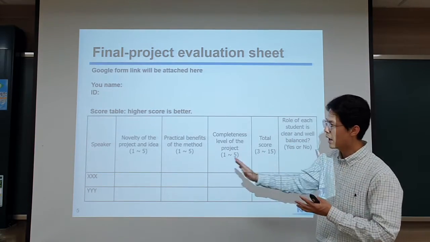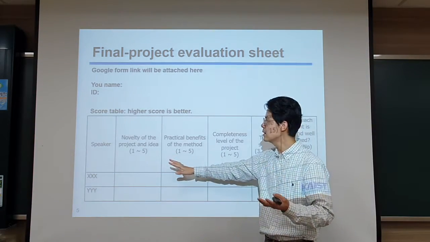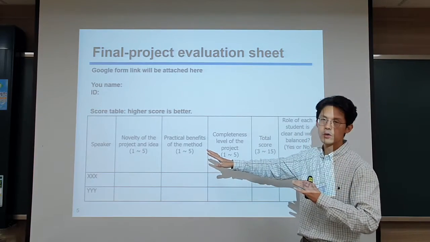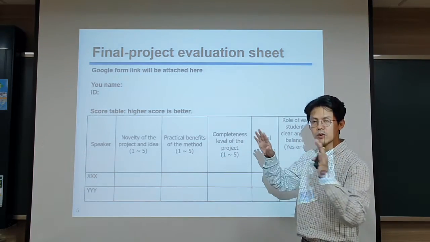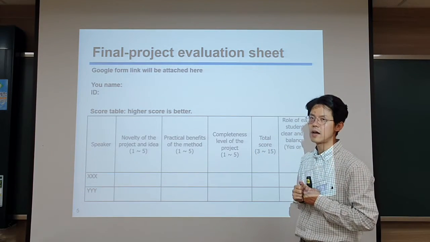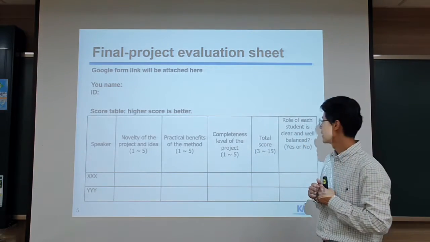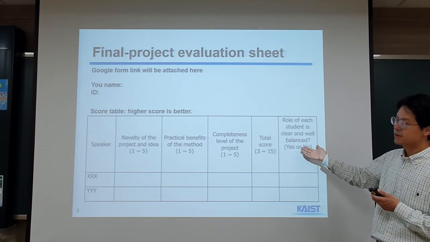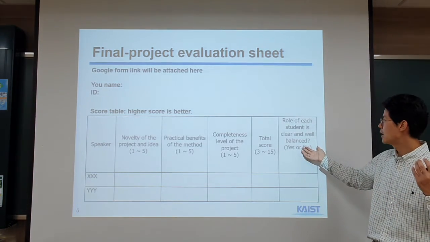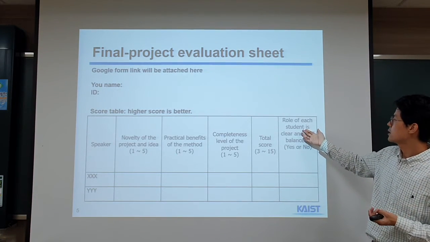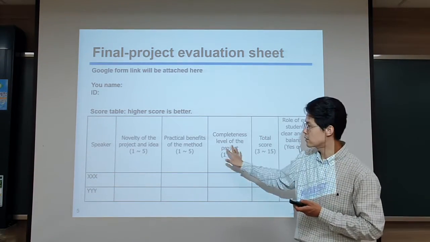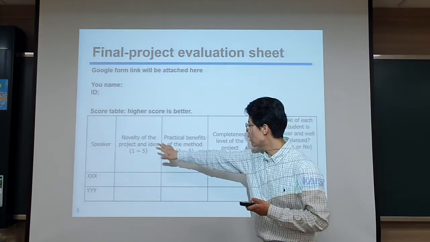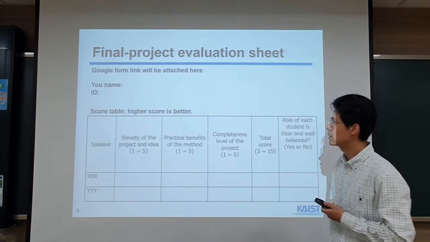Think about some idea that can show the benefit over the existing technique, and somehow define a scope that you can do within the time frame of this course. Also, I will ask that the role of each student is clear and well balanced. So make sure that you get good comments and a good score on these criteria.